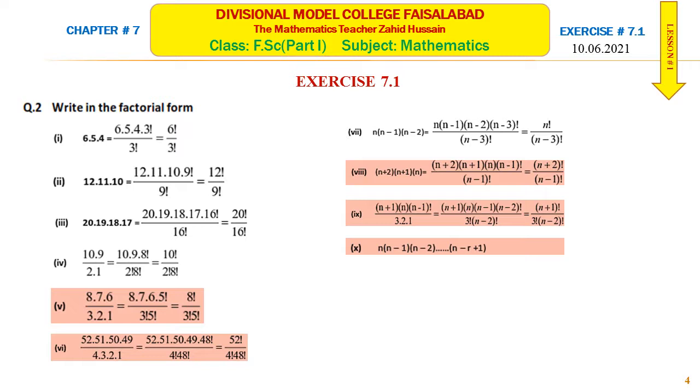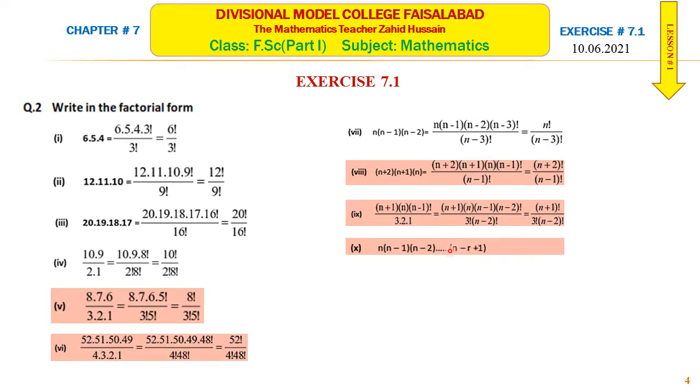10th part is n into (n minus 1), (n minus 2) till (n minus r plus 1). Now this is the smallest number from these numbers. So what is the number smaller than this? It means you will subtract 1 from this. Subtracting 1 from this, plus 1 will be cancelled with minus 1, and you will be left with n minus r.